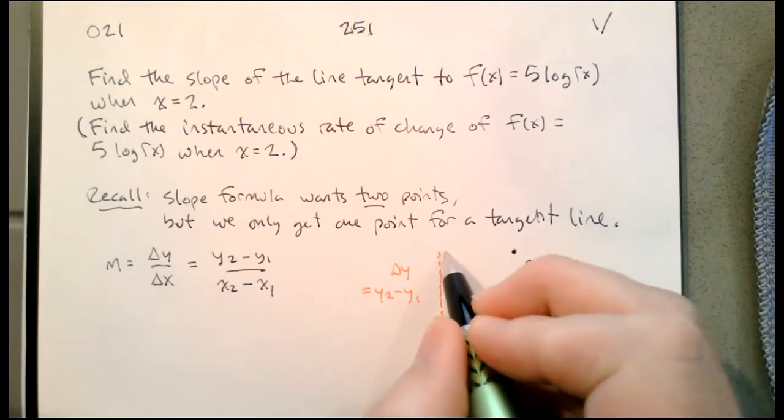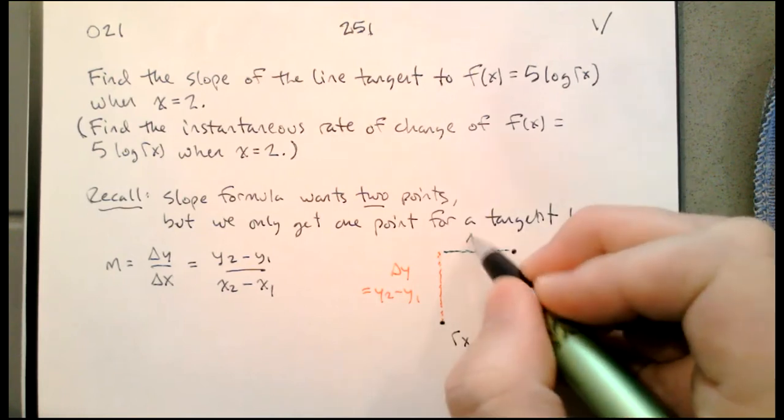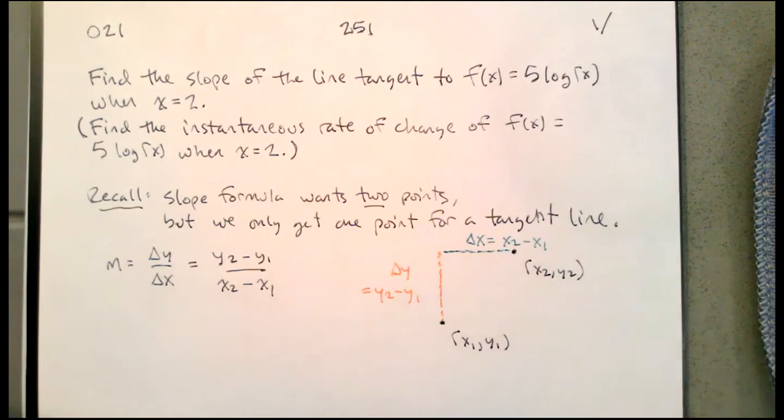And this distance is delta x. Then we describe this direction by making a ratio of delta y to delta x.